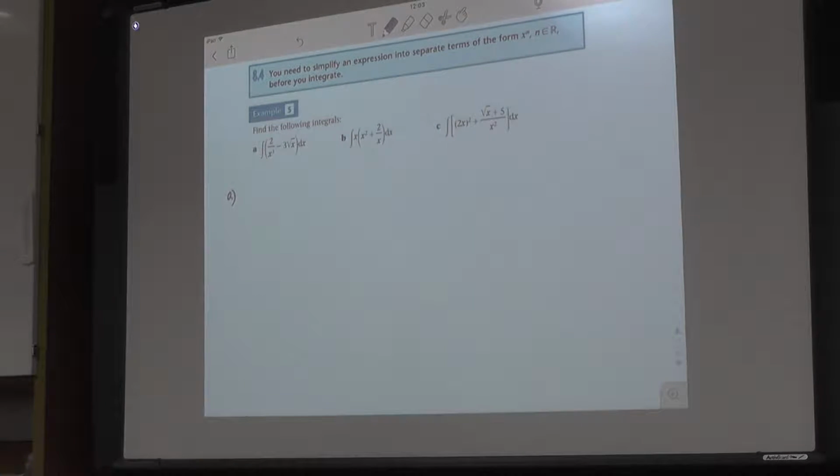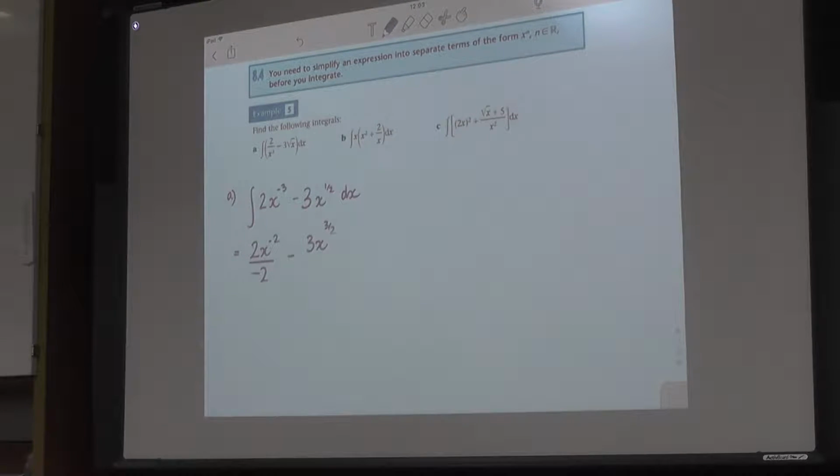for A, we've got the integral of, now we'll have to put it in the form of 2x to the minus 3 minus 3x to the half, and we're integrating with respect to x. So we have to put it in a numerical index, a numerical power, before we can do anything. So that would be add 1 to the power, divide through by the new power.